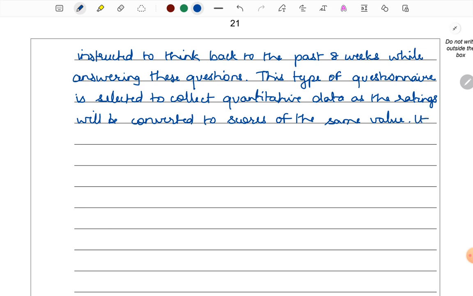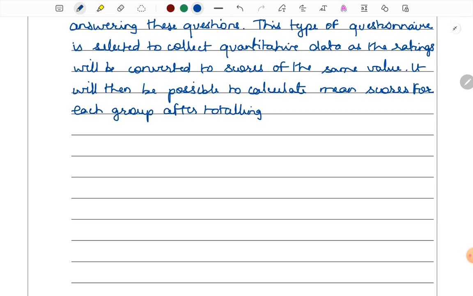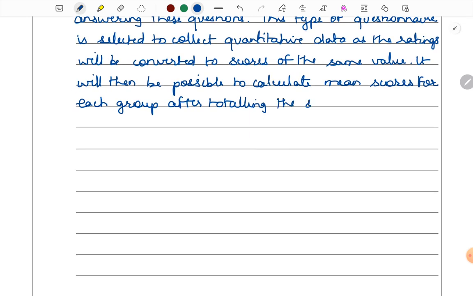It will then be possible to calculate mean scores for each group after totaling the scores for each child.